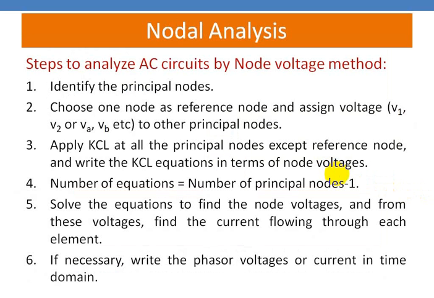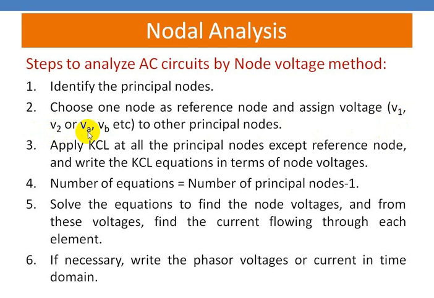Nodal analysis. The steps to analyze AC circuits by node voltage method. Node analysis is also called as node voltage method. So first step is we have to identify the principal nodes, and we have to choose one node as the reference node, and for all other nodes we have to assign some voltages like V1, V2 or VA, VB, etc. So V1 indicates voltage at node 1, V2 indicates voltage at node 2.